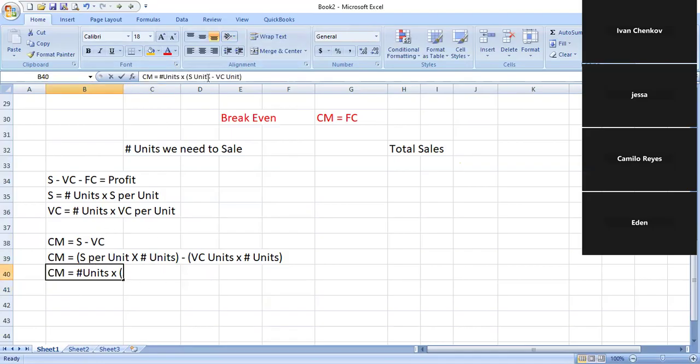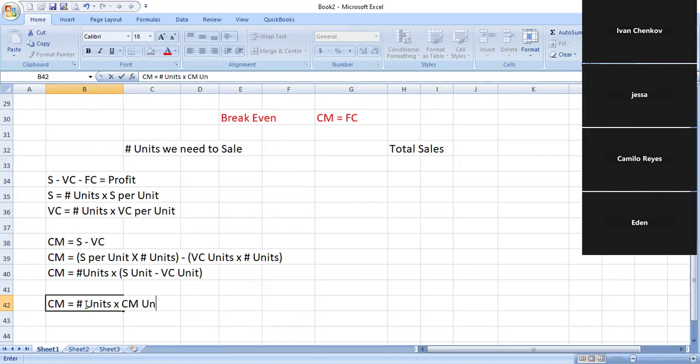Make sense? But then if I have sales per unit and variable cost per unit, what's that going to give me? Contribution margin per unit, right? So my contribution margin in this case will be equal to the number of units times contribution margin per unit.